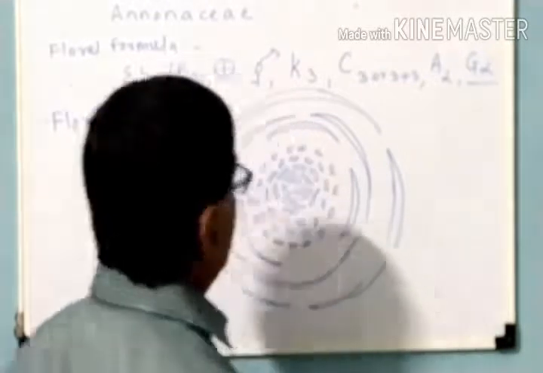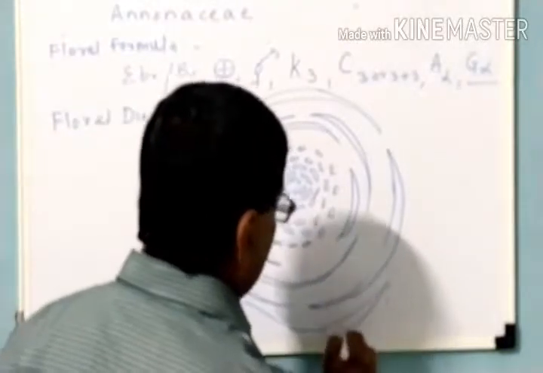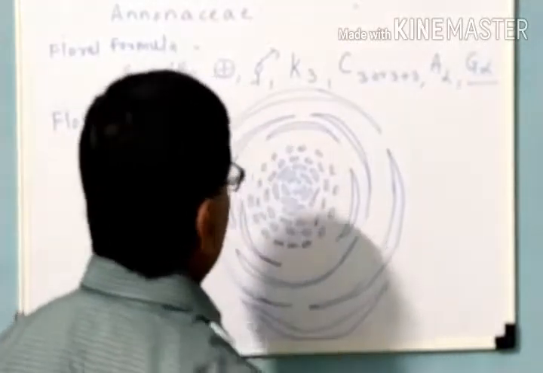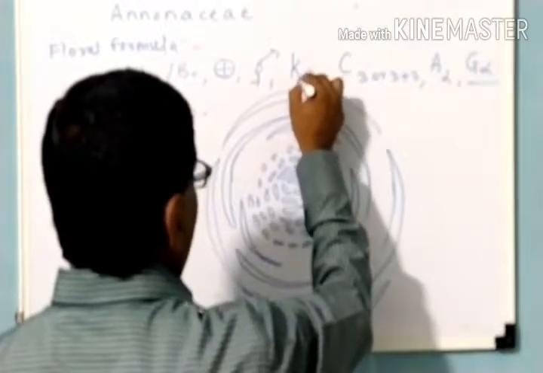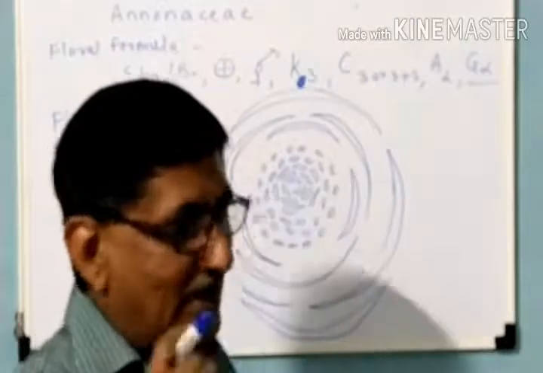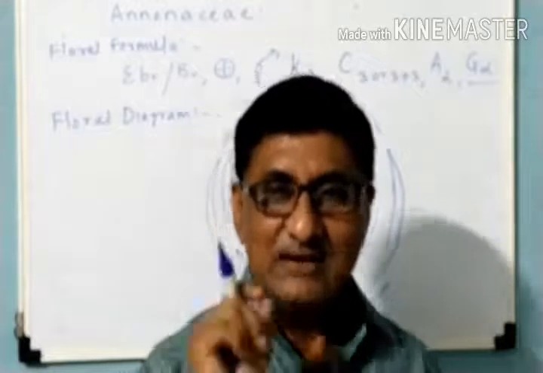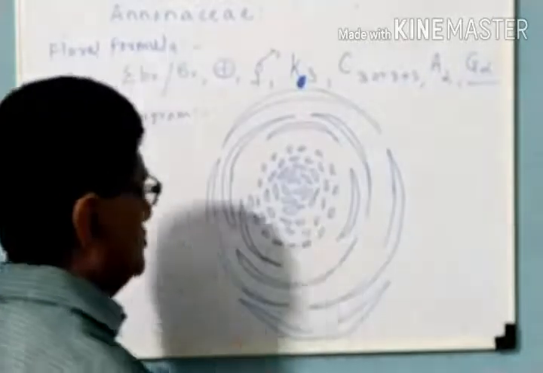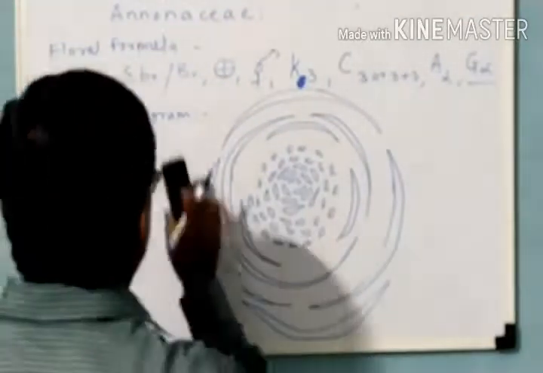Then if the flower is bracteate, you can show the bract in the flower. Here there is a mother axis where exactly the flower has emerged. That point is called the mother axis, at which the pedicel of the flower remains attached. So this is the floral diagram of family Annonaceae.